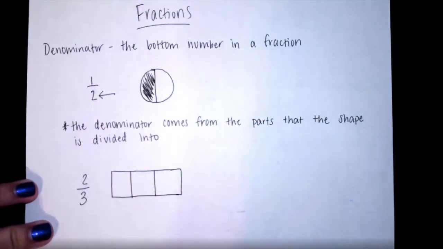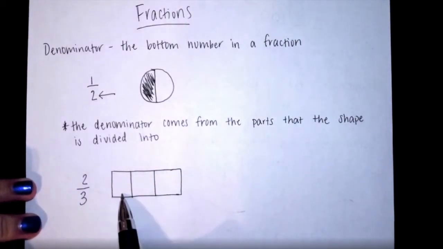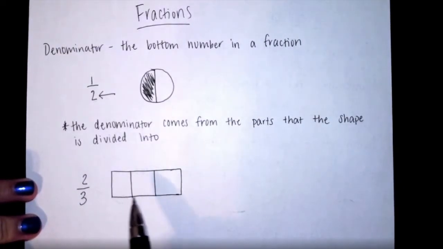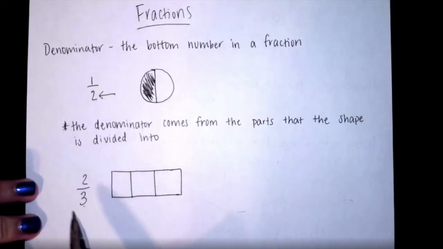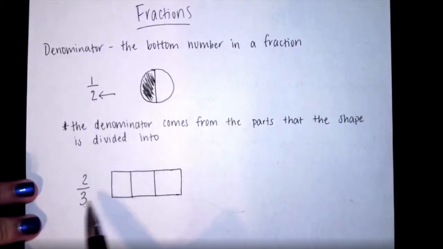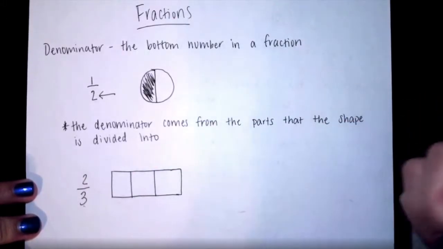Again, they're not exactly equal. If I were using a ruler, they would be more precise. Okay? So again, I have 3 sections, 1, 2, 3, of this whole piece, this whole rectangle. So that's where this denominator of 3 comes from. Now, if I wanted to shade in 2/3 of this rectangle, that just means I would color in 2 parts.